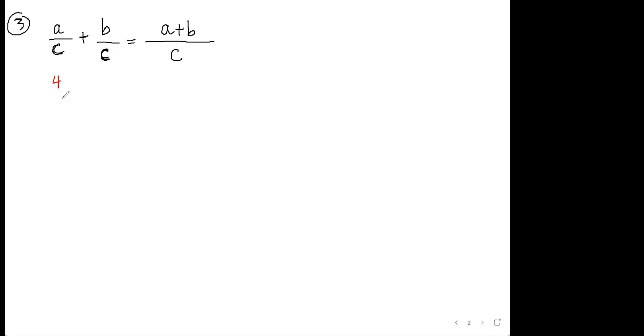Suppose I have 4 over 5 plus 6 over 5. Both have the same denominator, 5, so we keep the denominator 5 and add the numerators, 4 plus 6.